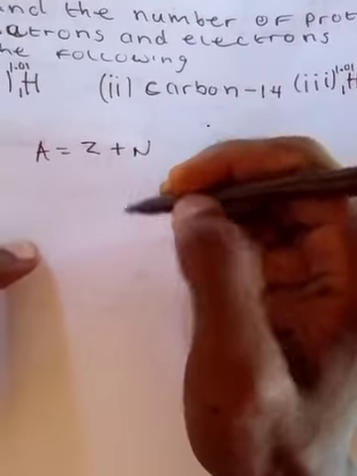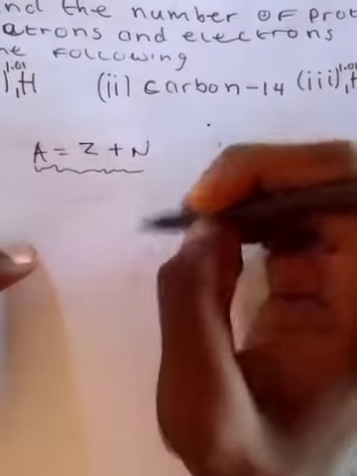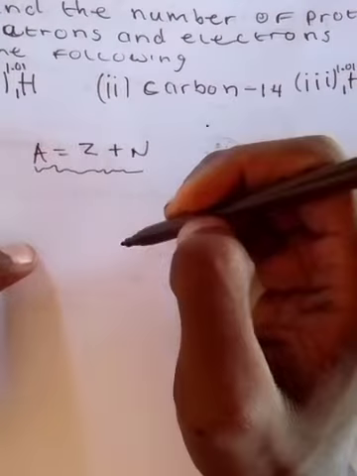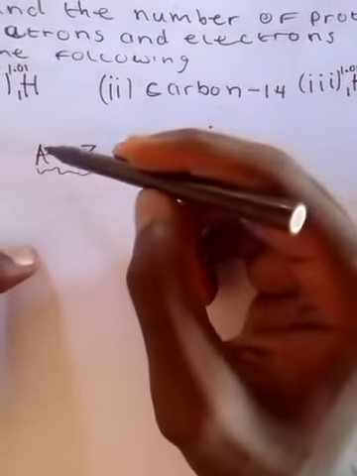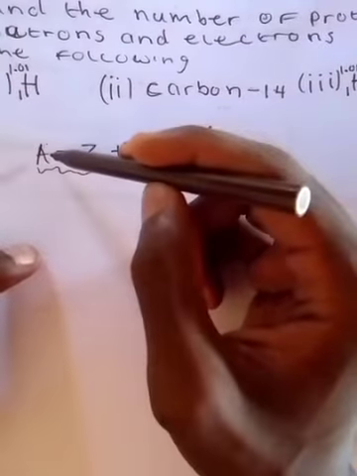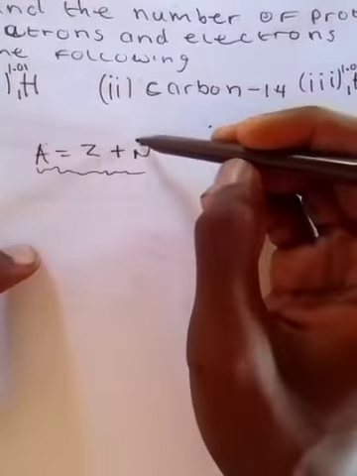What you'll be doing is that in a case where you have the mass number and you're looking for the neutrons, you're just going to make N the subject of the formula.